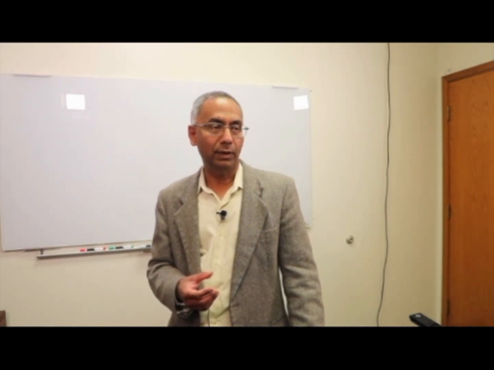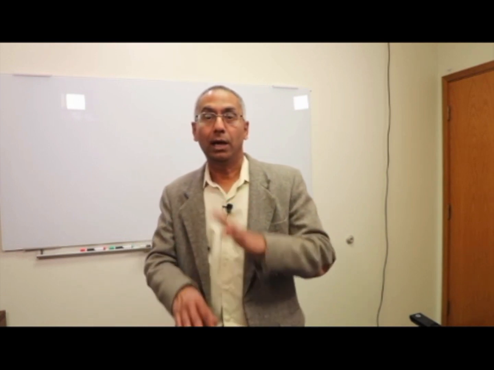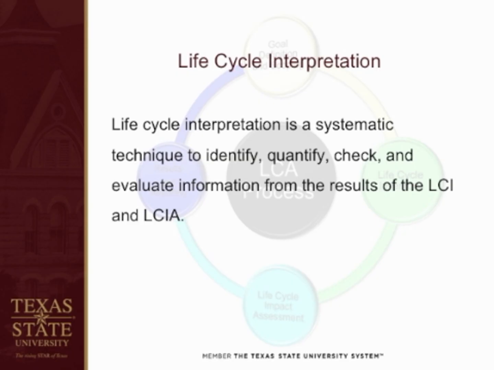Not desirable. But that influence is felt very locally, right? It's maybe in Lake McQueeney. It's not felt anywhere else, only in New Braunfels. So we have different impact categories, many of which we will measure to compare 2 or 3 different product or process options. The last step is life cycle interpretation.